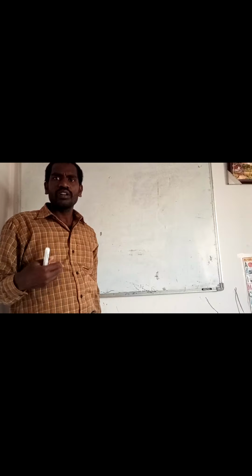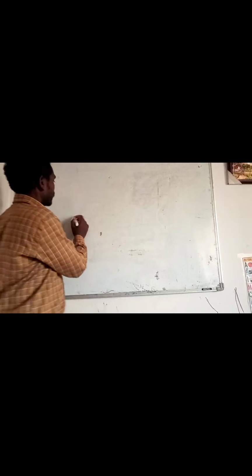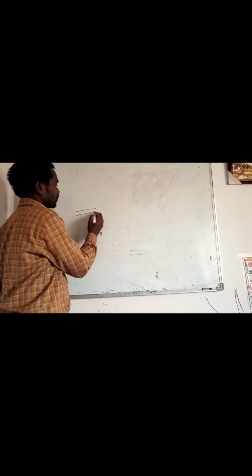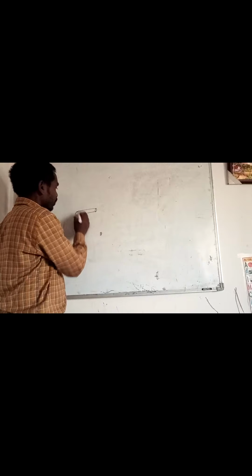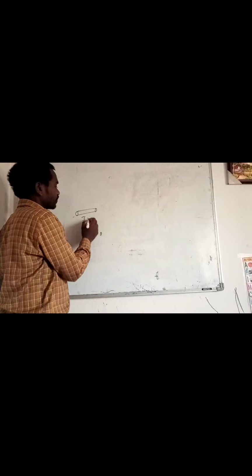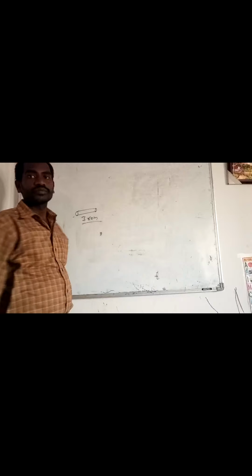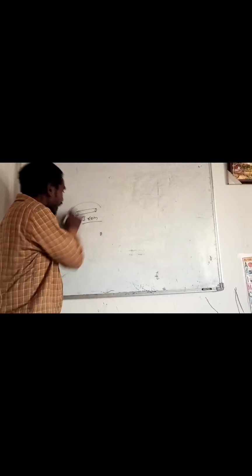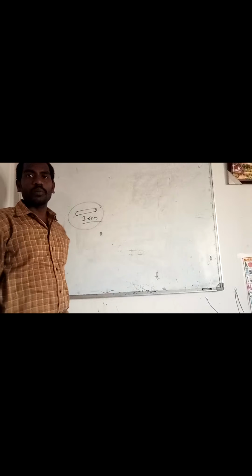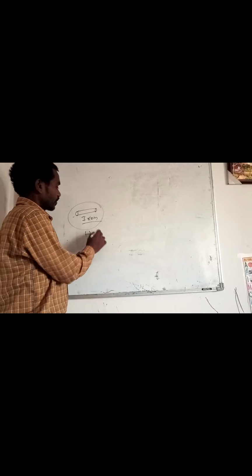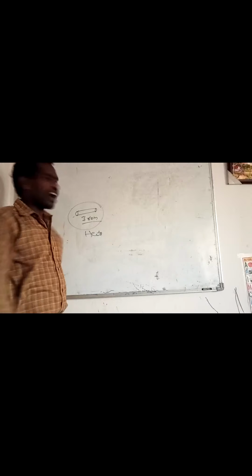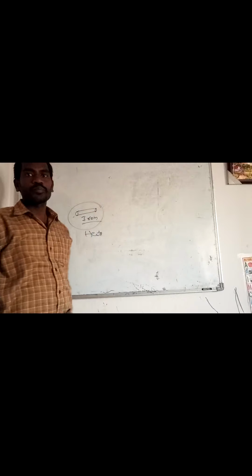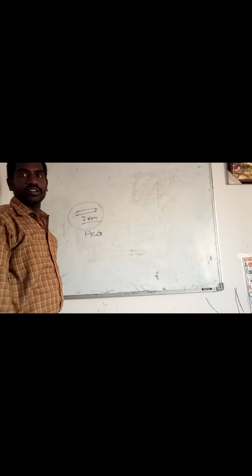For example, take iron. This is iron, an iron rod. Iron is a metal. Apply heat, take the hammer, and strike down.